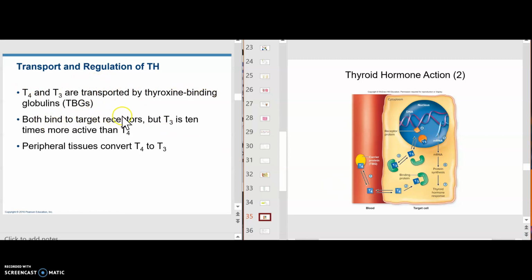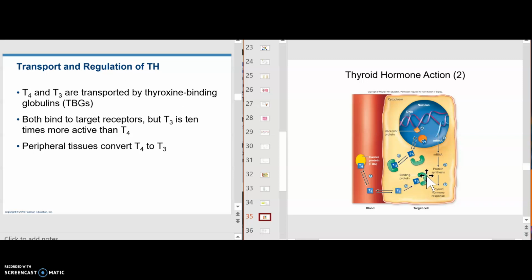They both bind to target receptors, but T3 is 10 times more active than T4. So both are released. There's more T4 released than T3, but look here, when T4, which is in the largest quantity in the blood but is not as powerful as T3, is released into the cell, enzymes within the cell can convert T4 to T3.